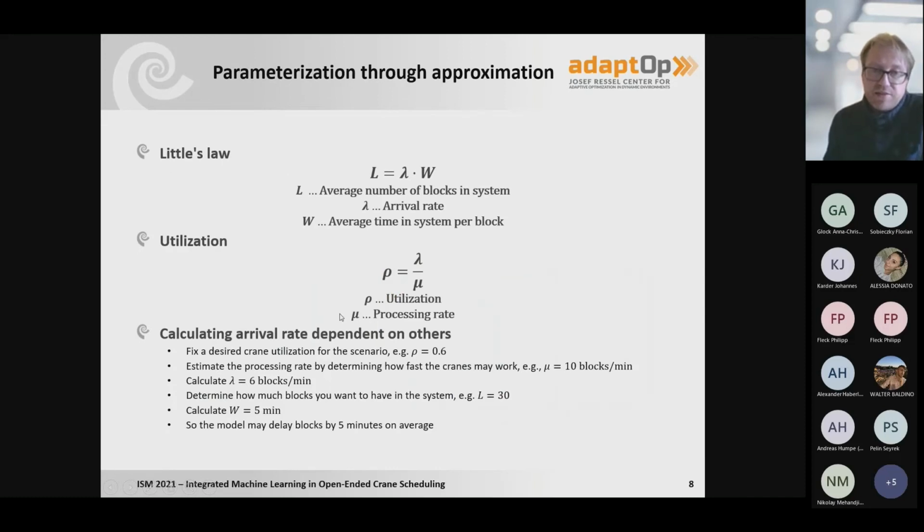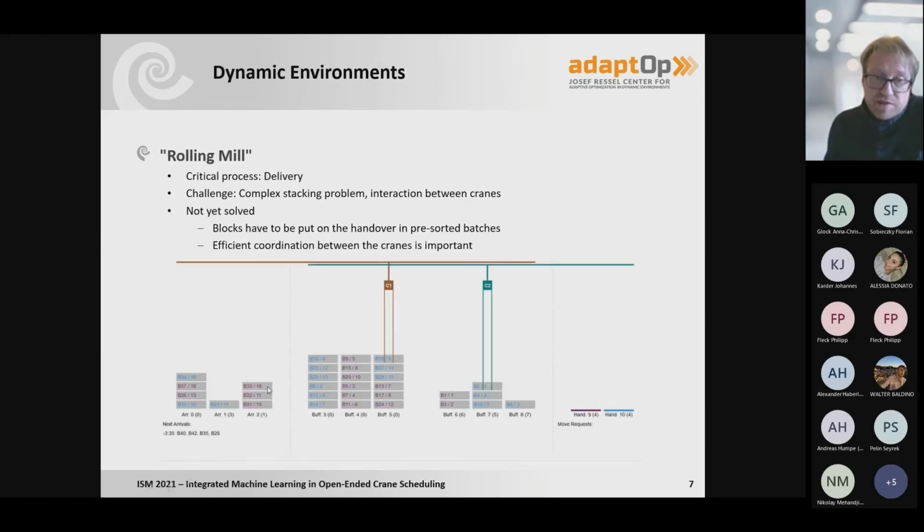Again, a second thing, why is the parameterization so important? You have to consider, if I go back here, you have to define some kind of arrival process that will create new blocks into the system, and you have to create some kind of departure process for these blocks to disappear, and some kind of ordering that is required. So you have to determine, of course, in this environment, all of the numbers that you can see here.